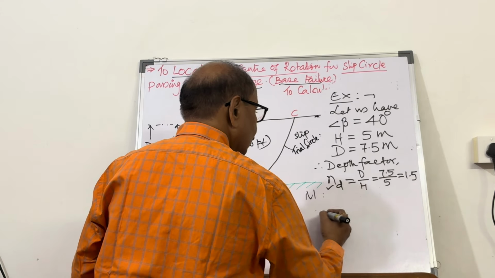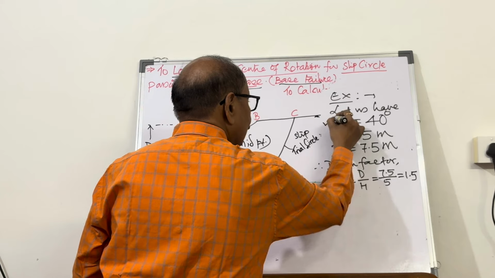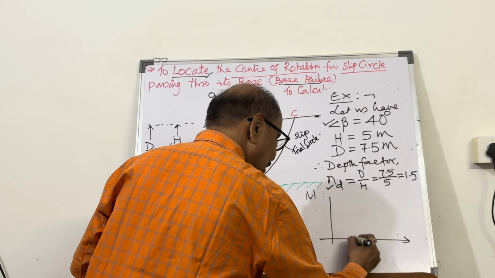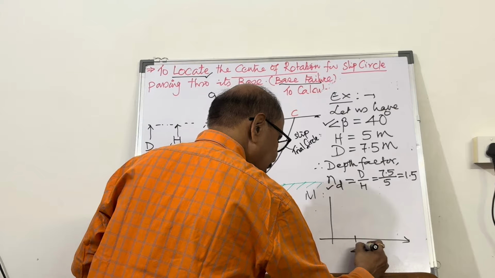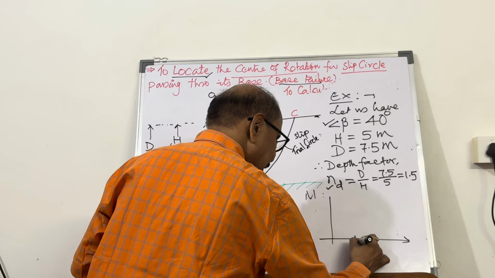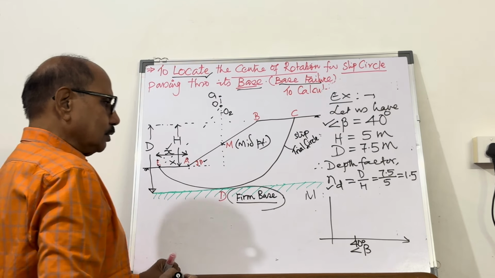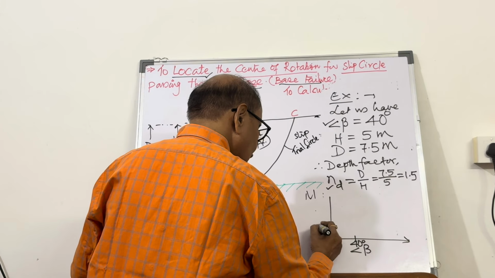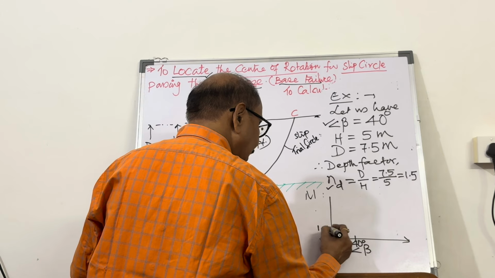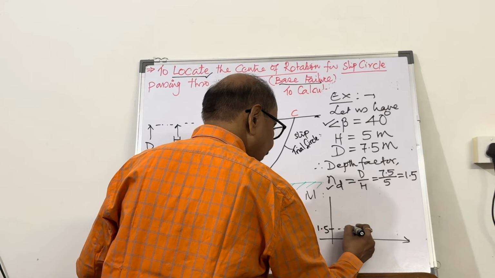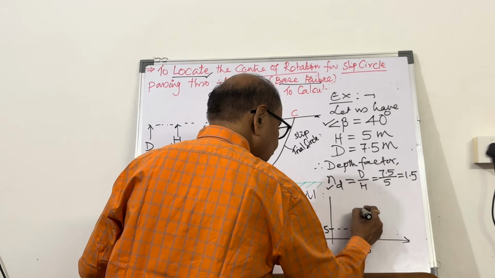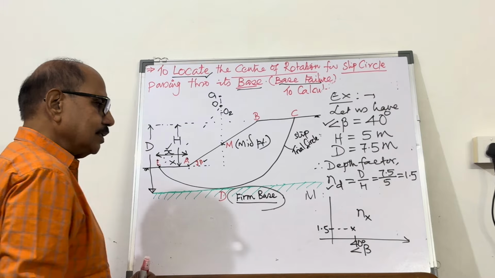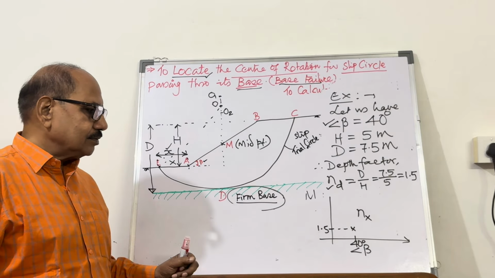Now ND is known and slope angle is known. So once you know the slope angle beta, which is 40 degree, and ND is 1.5, you can find out the value of Nx, that is the distance factor.